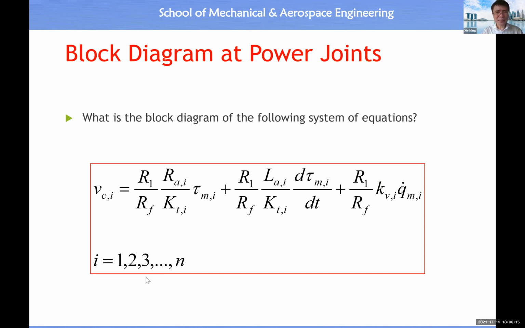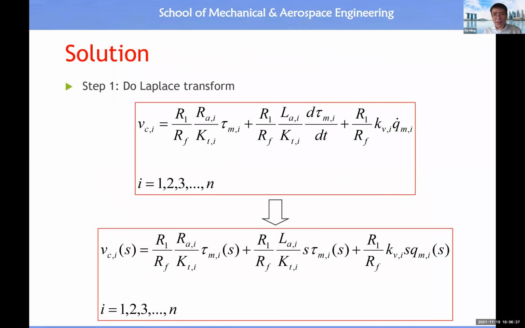All right. Now we move on to look at the block diagram of the power joint. So this is a dynamic differential equation in the time domain, which relays the control signal from the robot brain to the mechanical energy at the input of the torque joint. Okay. So then what should be the block diagram?